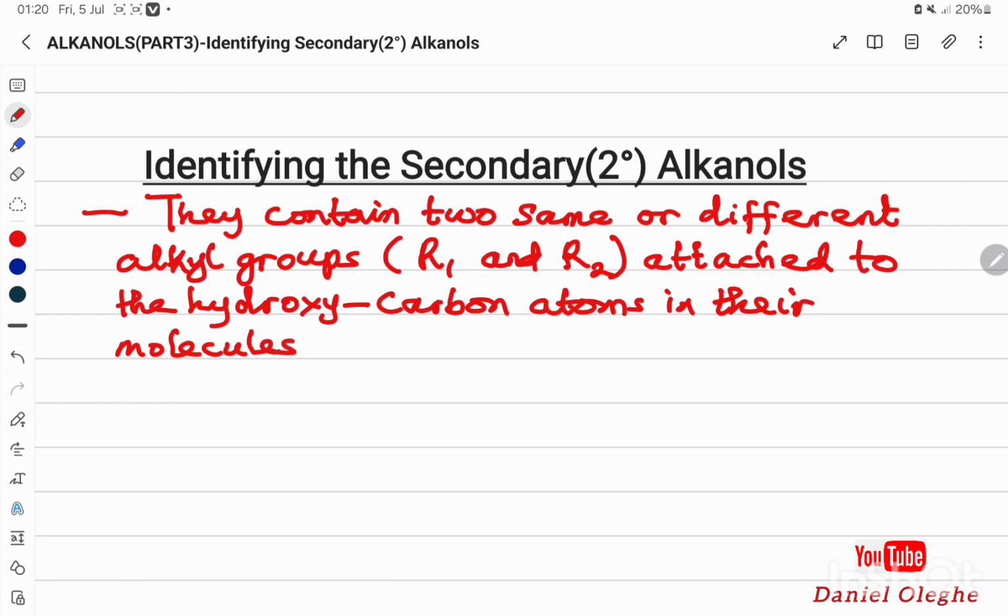That is what secondary alkanols are. They are alkanols that contain either the same or different alkyl groups attached to the hydroxy-carbon atoms in their molecules.